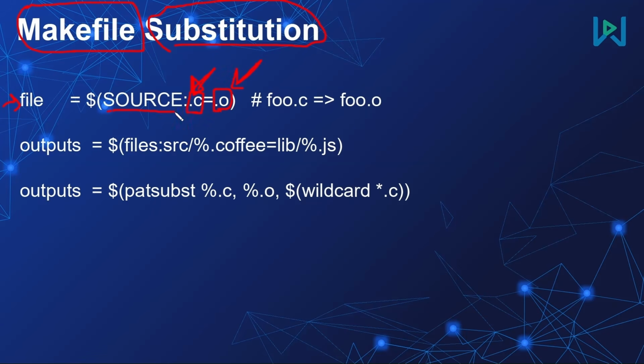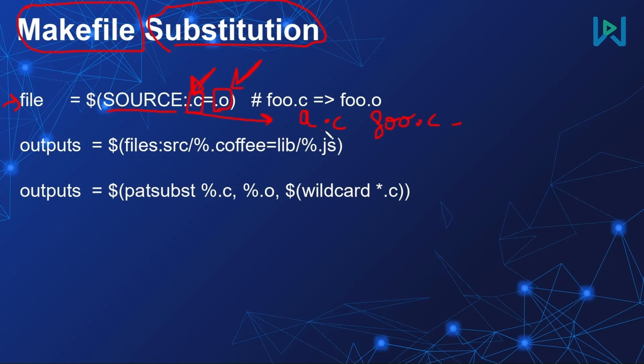Hence, make is gonna expand the content of this source Makefile variable, and this one does contain, as an example, a list of .c files, a.c for example, foo.c, and so on.